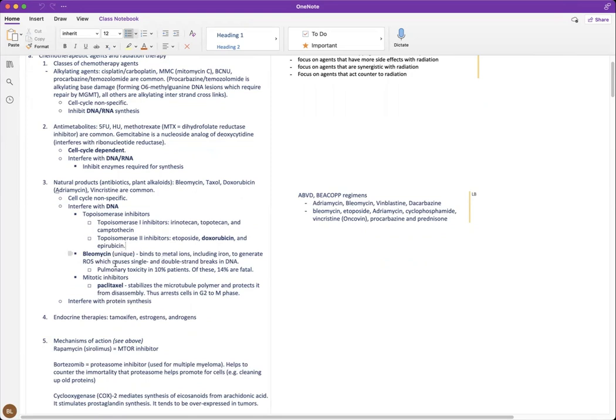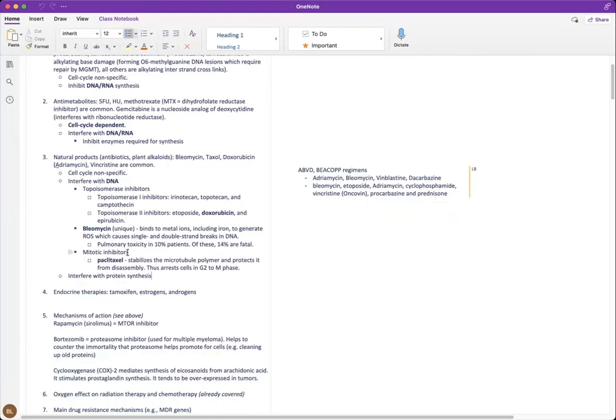Bleomycin is a kind of unique drug, binds to metal ions, including iron, to generate reactive oxygen species, which cause single and double strand breaks in DNA, and it causes pulmonary toxicity.